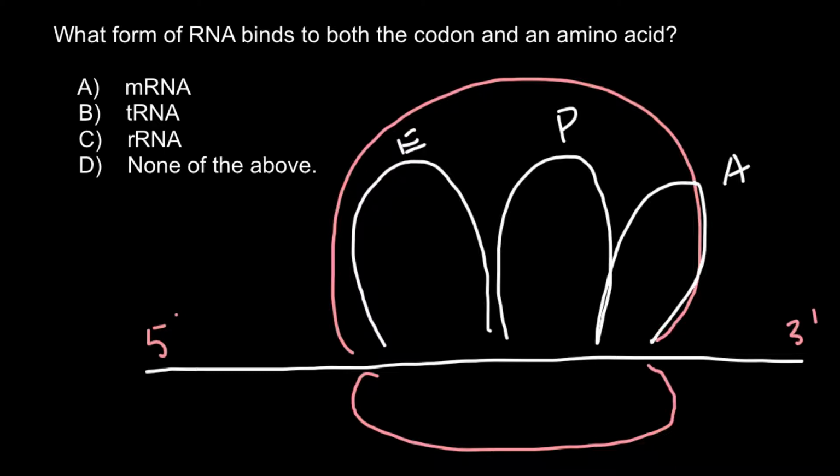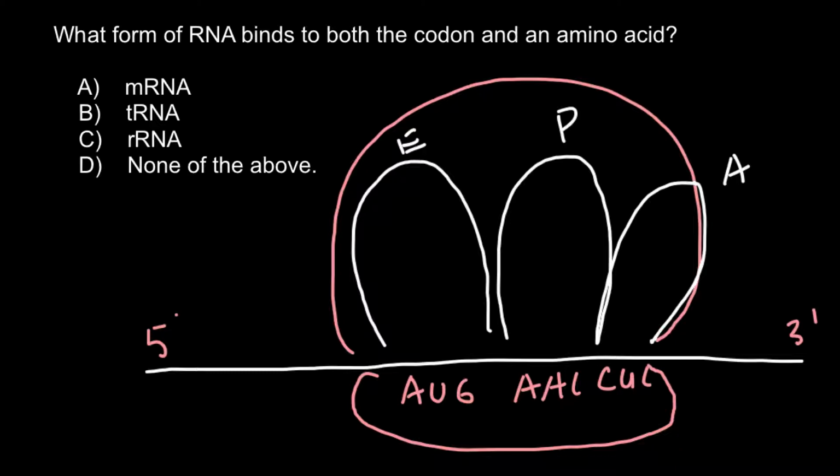And of course on the messenger RNA we can find nucleotides. For example, this can be A, U, G here, A, C, C, U, C, for example.